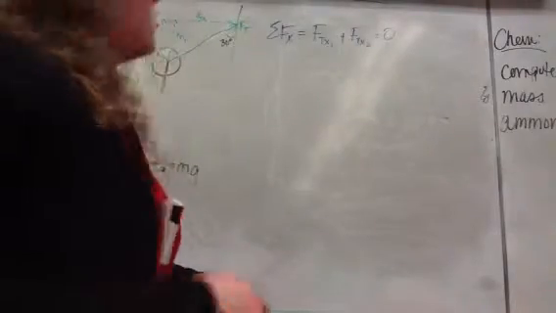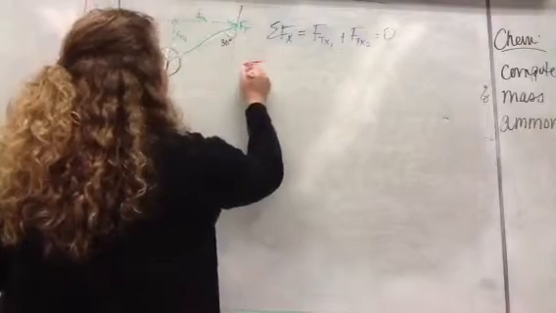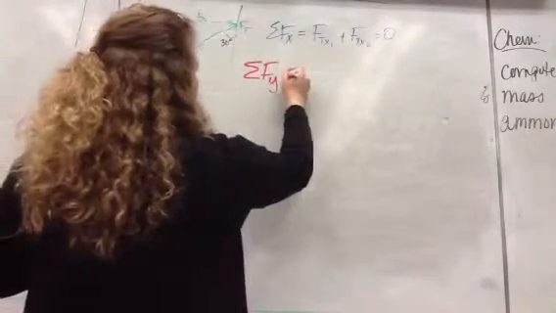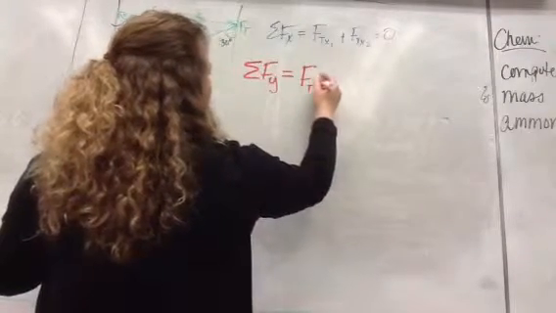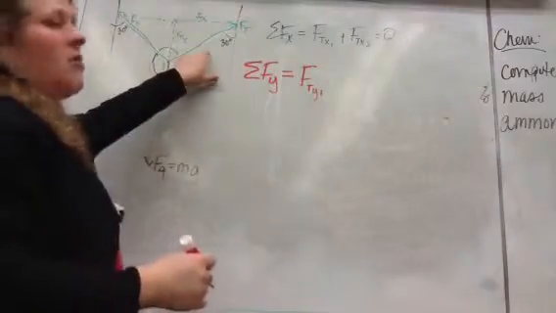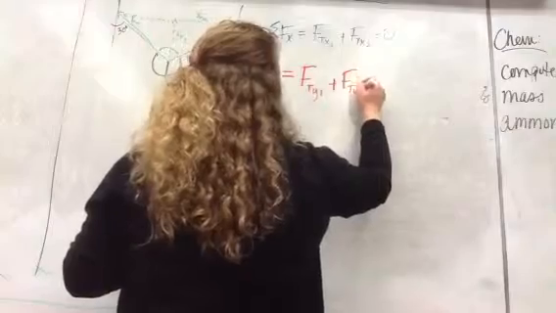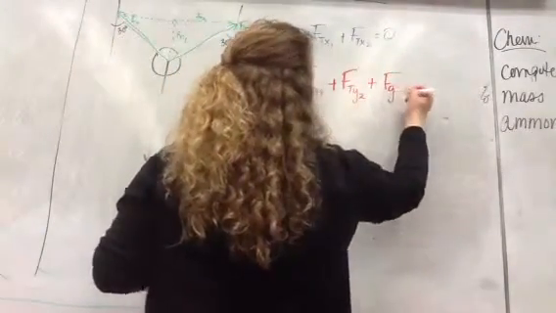Let's now look at the y-axis. So, sum of forces on the y equals the force of tension on the y, 1, so on the first cable, plus force of tension on the y, 2, plus the force of gravity.